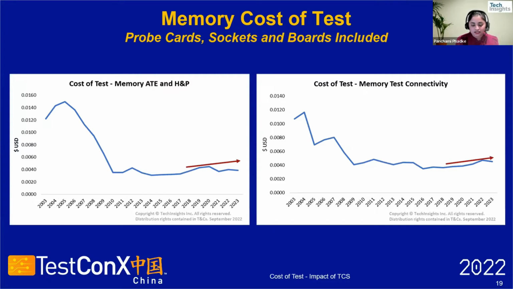The cost reduced substantially until 2010 and has been relatively moderate until now. And looking at the memory trend of cost of test for test connectivity devices, it has seen its share of ups and downs from 2003 to 2009, and it has been pretty stable since then.